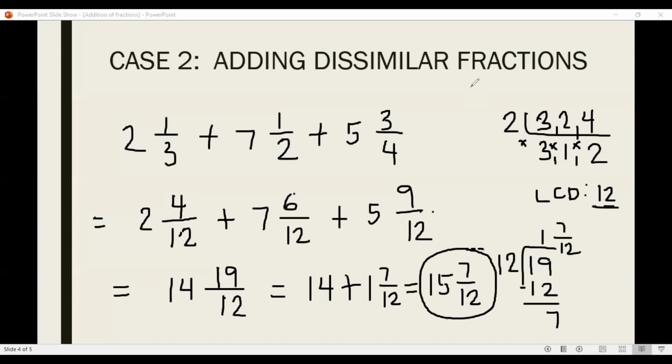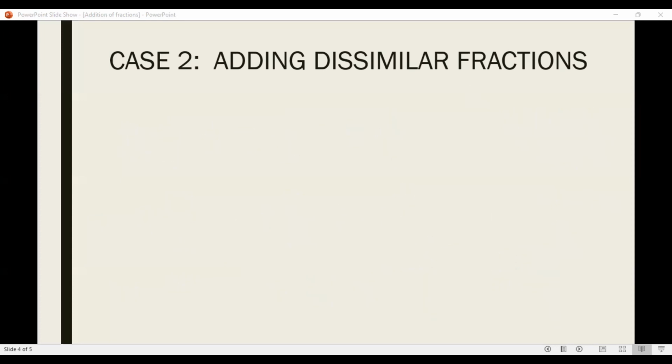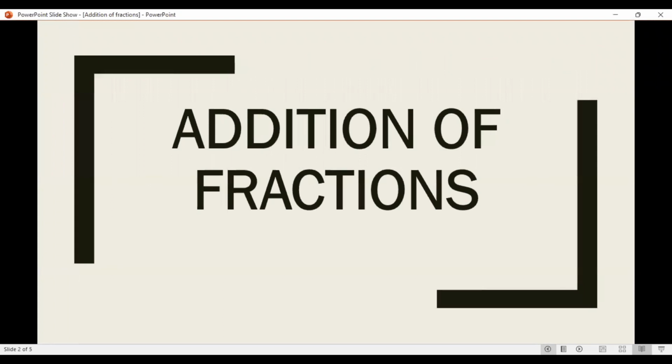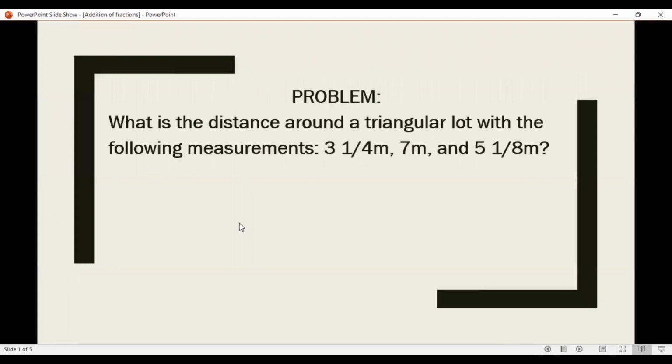So let's go back to the problem that we have and apply these rules in addition of fractions. Again, what is the distance around a triangular lot with the following measurements? You have 3 and 1/4 meters, 7 meters, 5 and 1/8 meters.